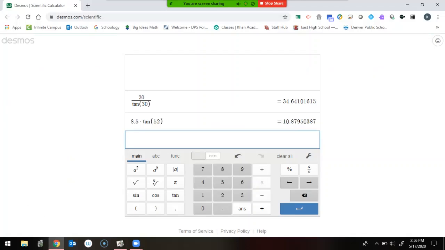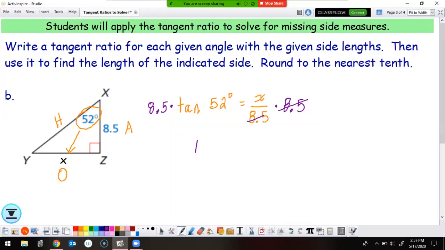And to the nearest tenth, because the 8 is followed by a 7, which is greater than 5, this becomes 10.9. So when we go back to our problem, 10.9 is approximately the length of x. And this is how we can use the tangent ratio to find the length of missing sides of right triangles.